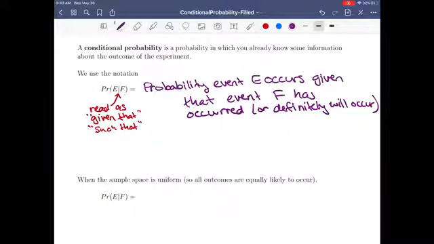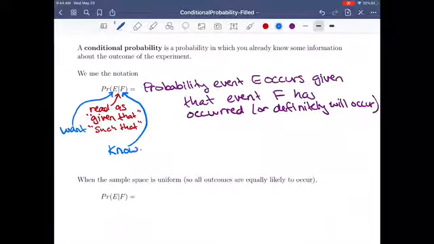Maybe you have some insider information. In here, the first thing that you write is the one that you want. The second thing, after the line, is the one that you know happens. So that's the order.